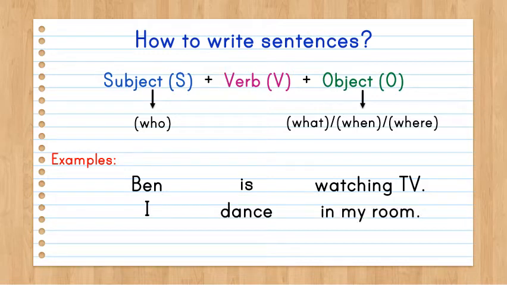I dance in my room. I is the subject, dance is the verb, and the object is in my room. Next, she likes to cook. She here is the subject, likes is the verb, and the object is to cook.